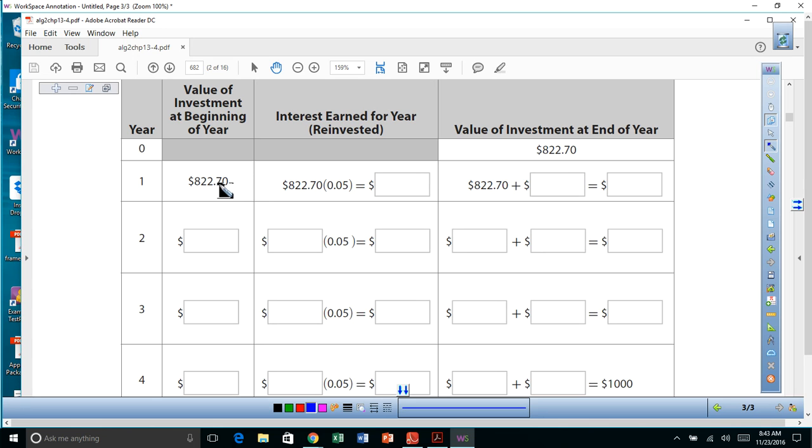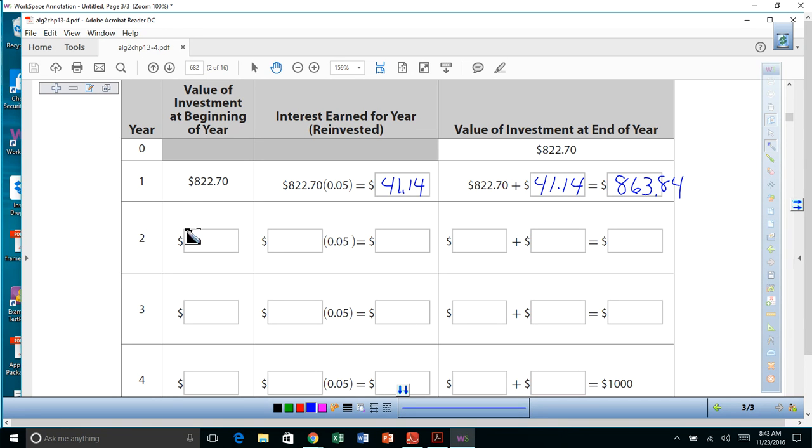$822.70 is what you paid them. They multiply that by 0.05, and you get $41.14. Well, they add that onto that $822.70, and so now at the end of the year, it is worth $863.84.